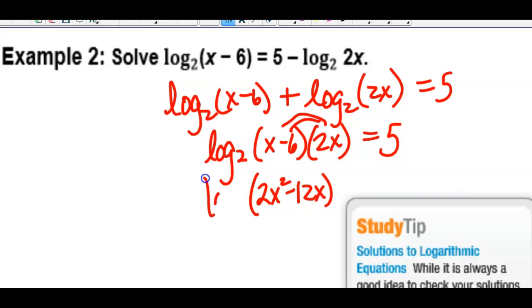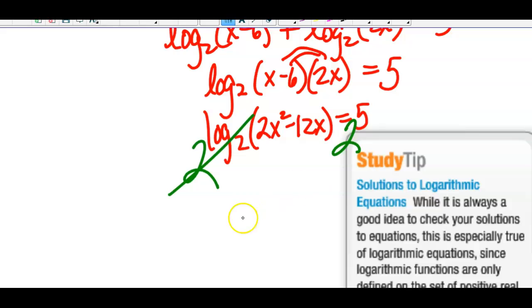And if we have the log base 2 of that equals 5, you have two options. My idea would be just to rewrite it, or some teachers do that guy, so this undoes itself, or we just rewrite it as 2 to the 5th equals, okay, it's the same thing, 2 to the 5th on this side, this guy, whatever order you want to do it. 2 to the 5th is 32.